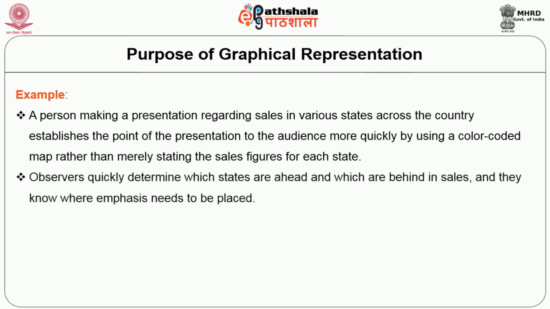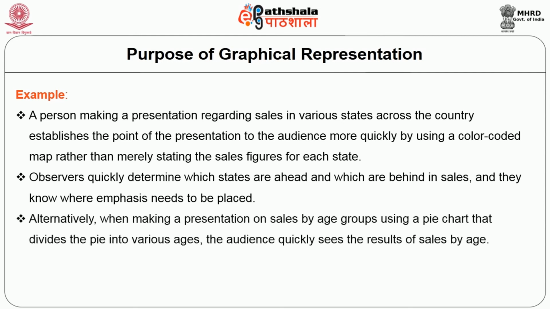Observers quickly determine which states are ahead and which are behind in sales, and they know where the emphasis needs to be placed. Alternatively, when making a presentation on sales by age groups using a pie chart that divides the pie into various ages, the audience quickly sees the results of sales by age.